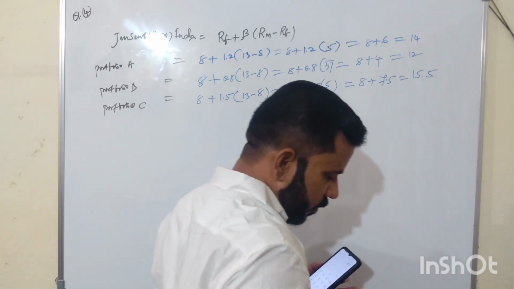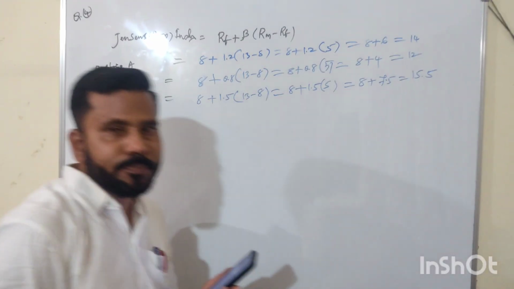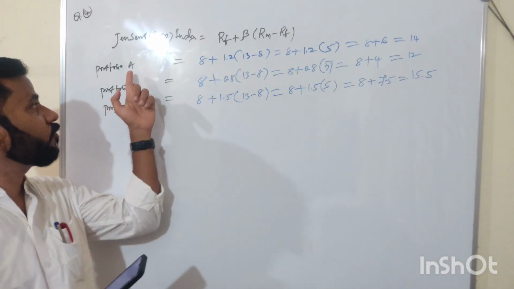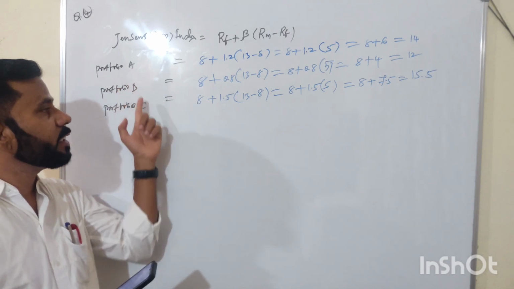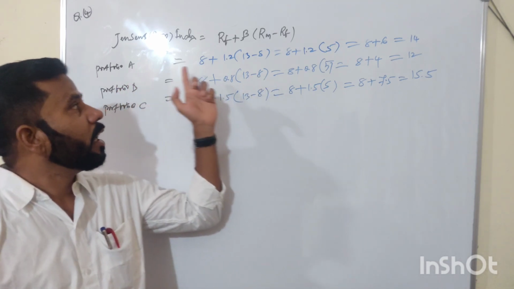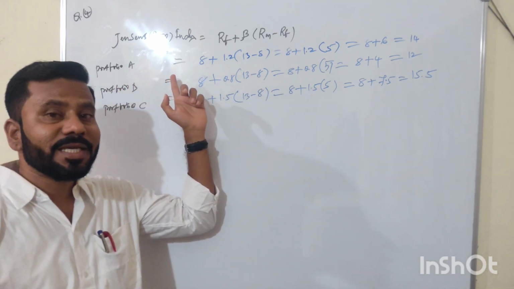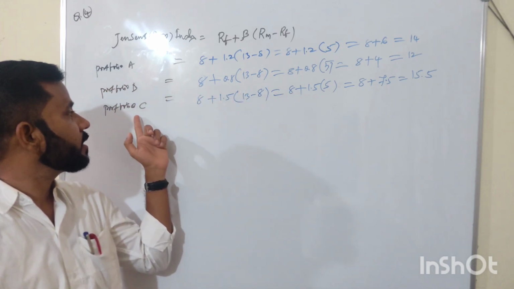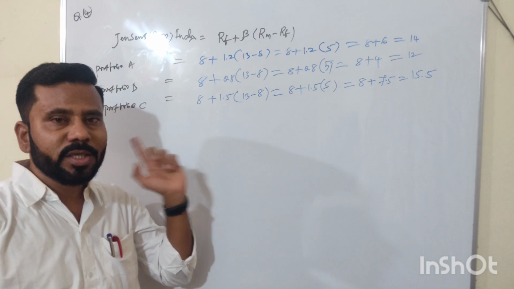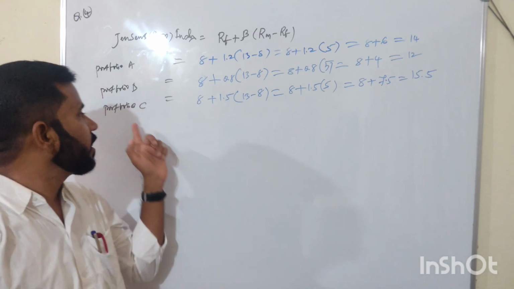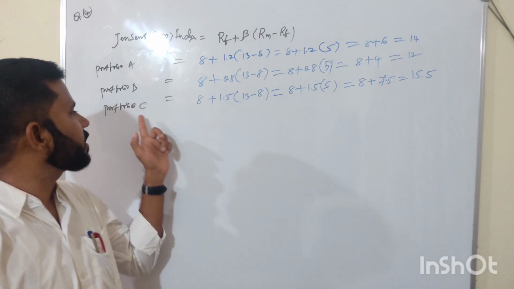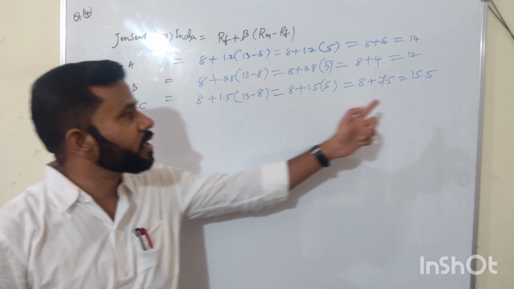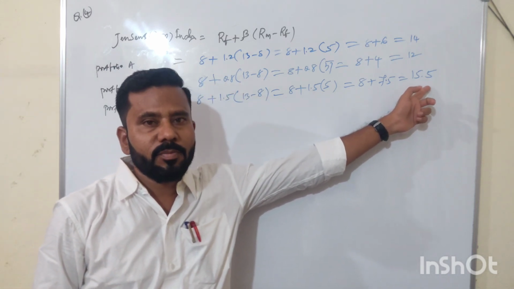If you closely observe among these three portfolios A, B, C, which portfolio's Jensen's ratio is the highest? Without any doubt, we can quickly answer that portfolio C's Jensen's ratio is the highest, 15.5.